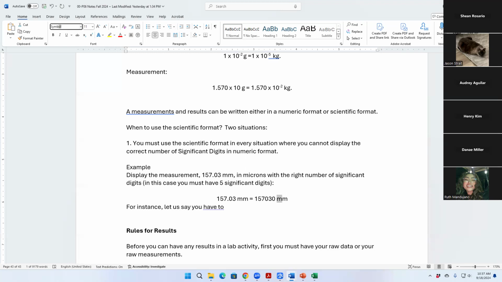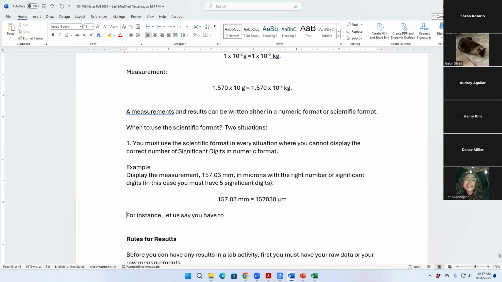And I gotta change the first M to the Greek letter mu. See, we have 5 significant digits here. But if you were to write it in terms of microns in numeric format, you are supposed to add a 0 in there. But the 0 is not a significant digit. Okay?